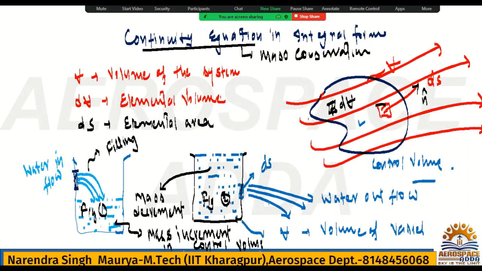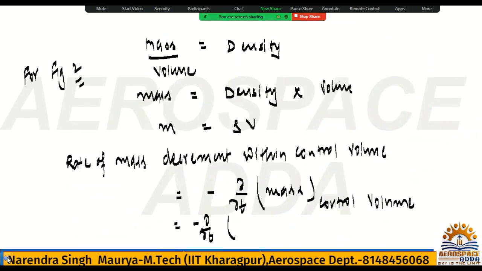So what will be the small volume for the system control volume? It is dv. dv is the elemental volume. So this elemental volume you have to write, and then you have to integrate, so you will get for the complete system. So here mass you may get, which is nothing but rho into dv.